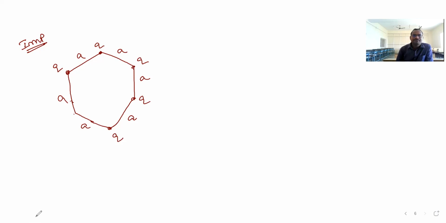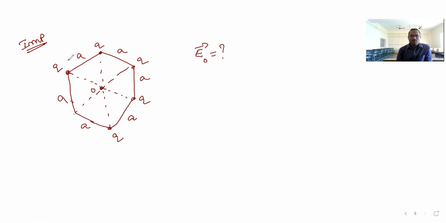Clear, students? Now my question is, at the center of this hexagon, at this point O, what is the electric field value at point O?